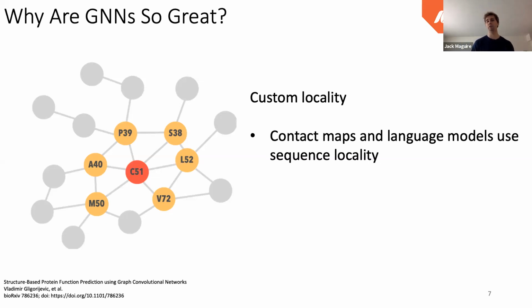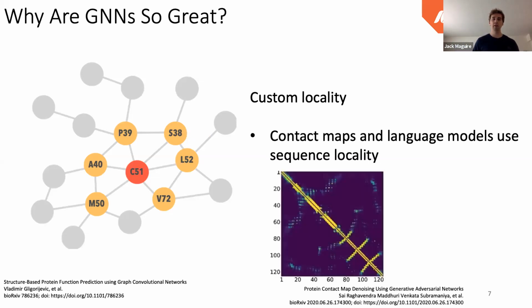This talk assumes that you're doing some sort of spatial locality where residues that are close in space have edges, but it could be anything. So that's the bonus of graphs, as an alternative to contact maps where your sequence defines what other residues you're close to.